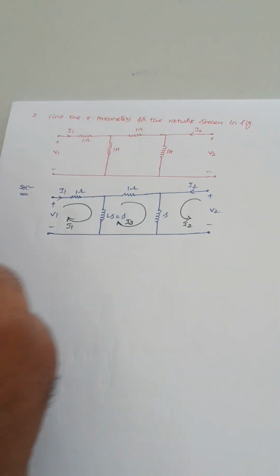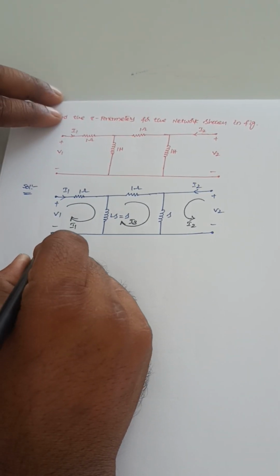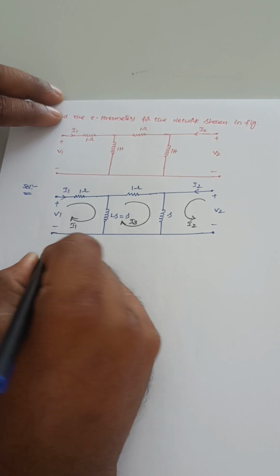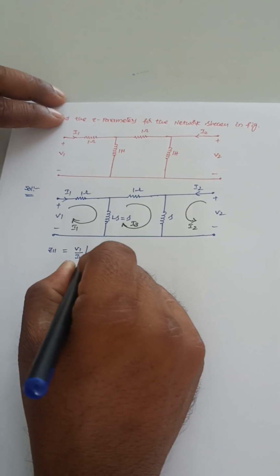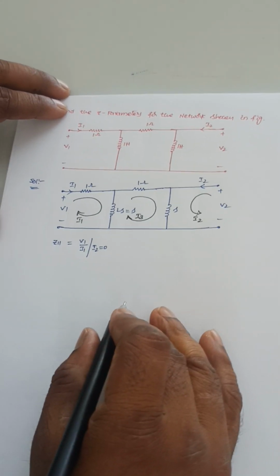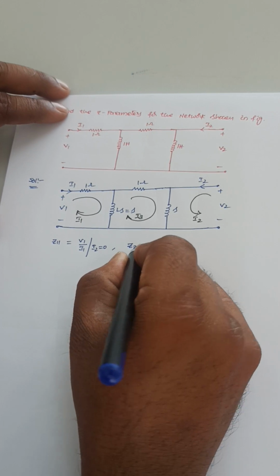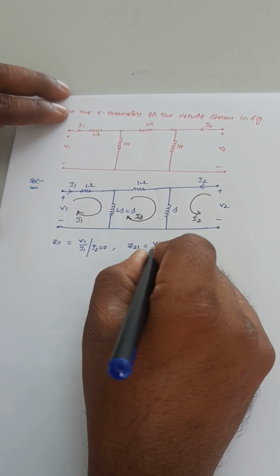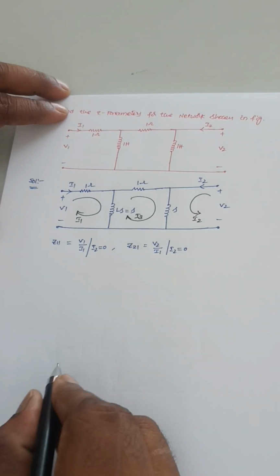Now to find these Z parameters, Z11 is equal to V1 by I1 by making I2 equal to 0, and Z21 is equal to V2 by I1 by making I2 equal to 0.